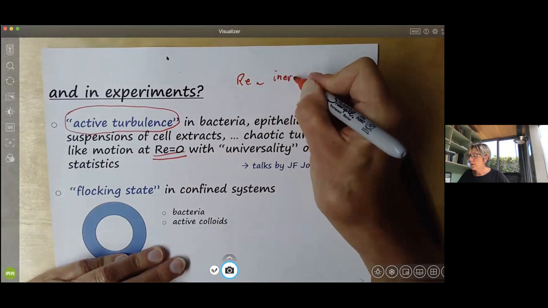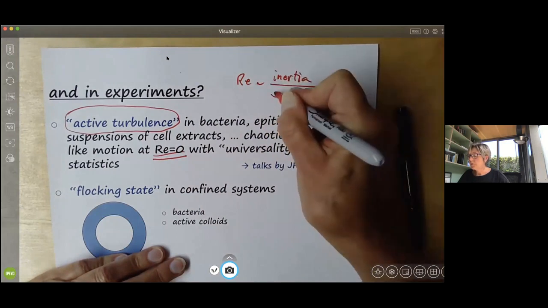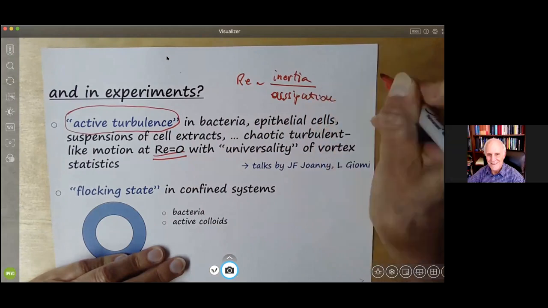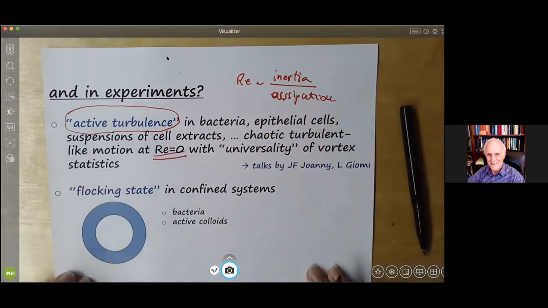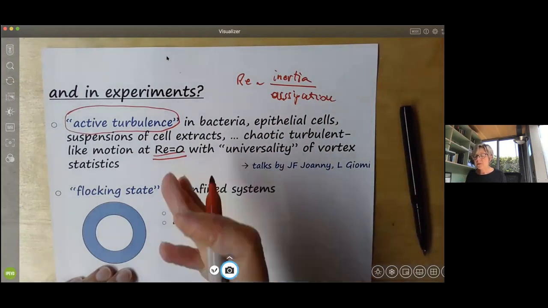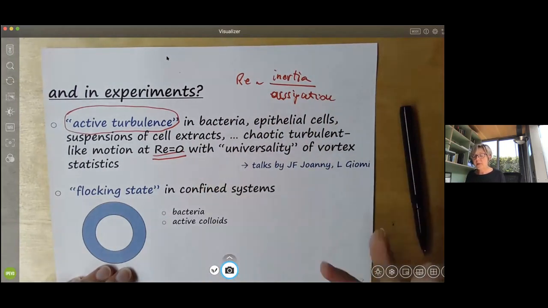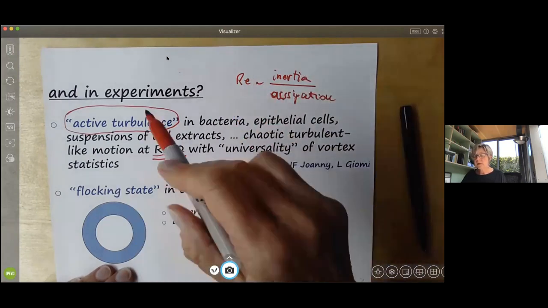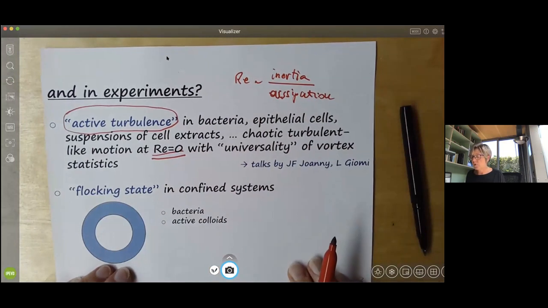In fluids, the number we use to characterize turbulence is called the Reynolds number, which is essentially defined as a measure of the ratio of inertia to dissipative forces, as measured, say, by shear viscosity. This number is generally very large, maybe of order 1,000 or larger when you see fluid turbulence. But in this system, bacteria are very small, and so the Reynolds number is essentially zero, and yet you get this turbulent-like motion.